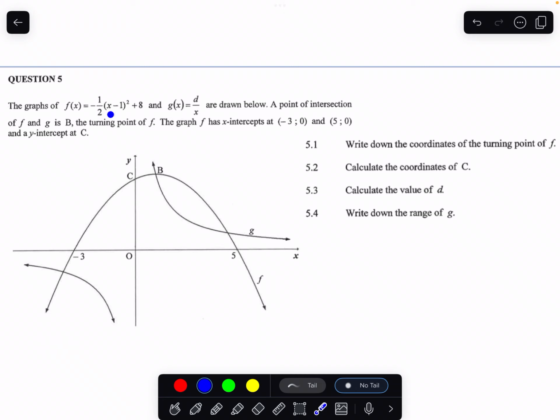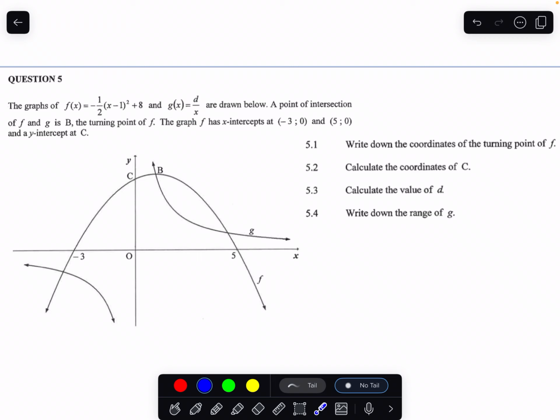Then the minus 1 means that this parabola moves 1 unit to the right, and the 8 means it moves 8 units up. Okay, and just for completeness, the half opens it up a bit more. So if your original parabola was maybe like this, then the half would flatten it a bit.